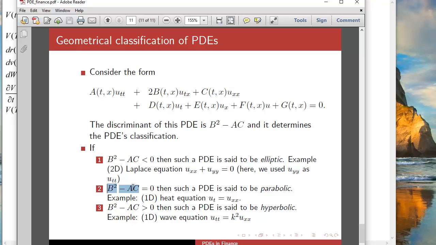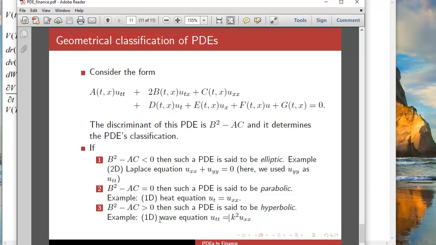Then if the discriminant is 0, then you are dealing with parabolic PDEs. An example might be the heat equation, where you have the partial with respect to t and the second order partial with respect to the spatial variables. And the third case is when you have a positive discriminant, then you have a hyperbolic PDE.